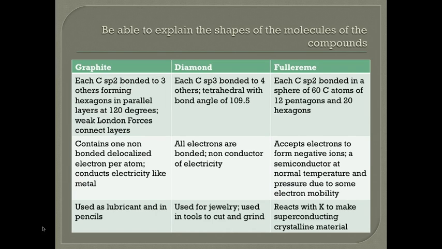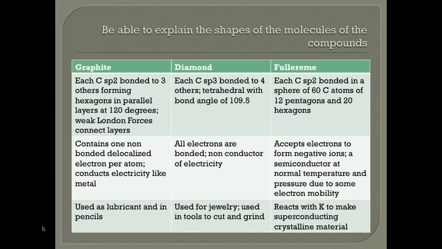And so we therefore have weak forces that connect these parallel layers. That's why you can use a pencil that's made out of graphite. We're shaving off these parallel layers. They contain one non-bonded, delocalized electron per atom. And this allotrope conducts electricity like a metal.